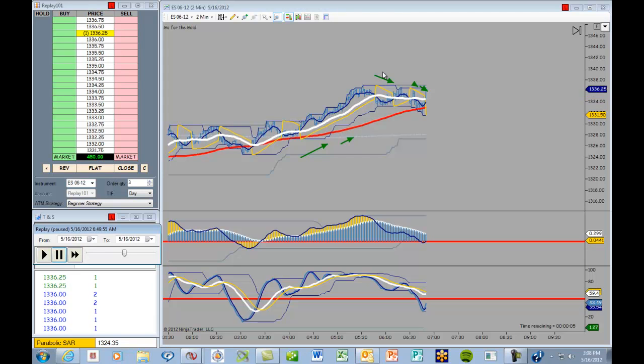Okay. Let's move these arrows a little bit further out of the way here. There we go. Now, it looks like this thing's taken off to the upside now, so let's get long. That's what we would expect if this is a corrective pullback.